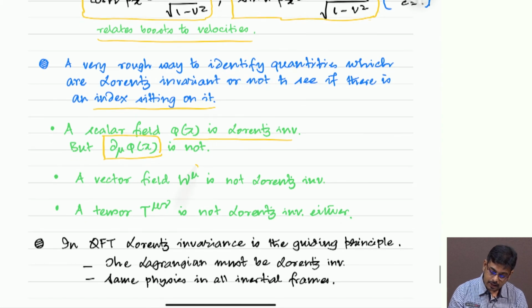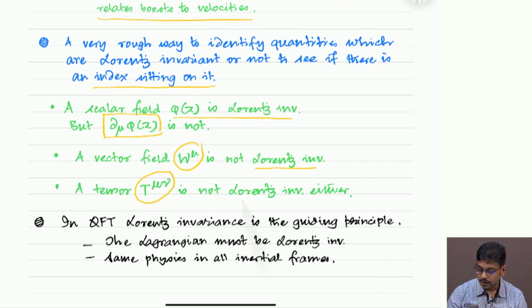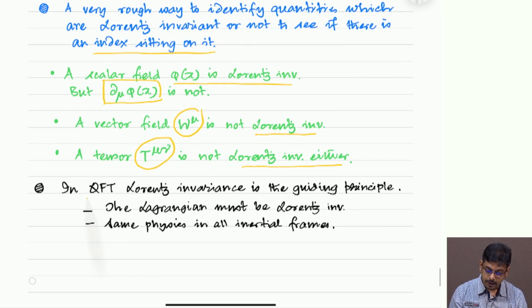A vector field W mu is a Lorentz vector and it is not Lorentz invariant. A tensor, T mu nu that we defined, is also not Lorentz invariant either. It has two indices, but in principle when we talk about QFT, Lorentz invariance is a guiding principle. The Lagrangian that we write must be Lorentz invariant, because we want to describe the same physics in all inertial frames.